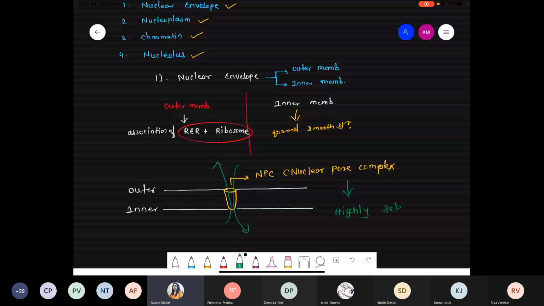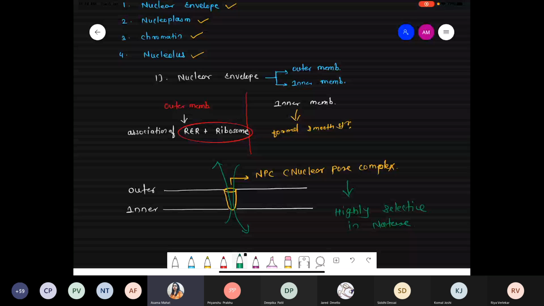It is a pore, definitely, but it does not allow each and every molecule. It allows only those molecules related to the nucleus. For example, messenger RNA formed inside the nucleus can go into the cytoplasm via that pore. Take histone protein: you know very well, protein is synthesized in the cytoplasm, so histone protein can enter through the nuclear pore and go inside the nucleus.